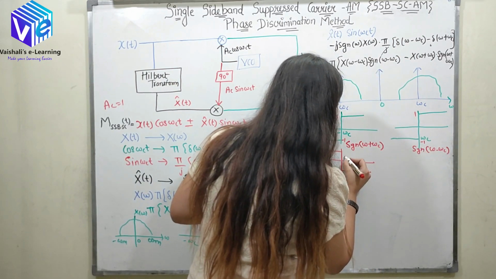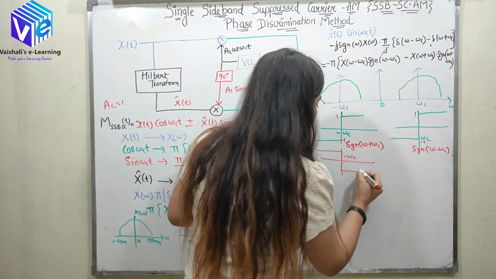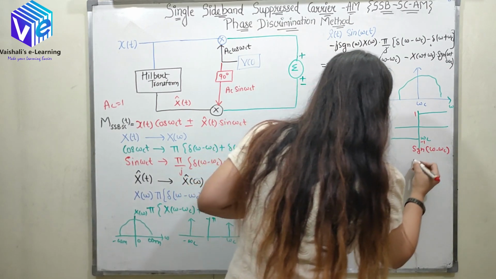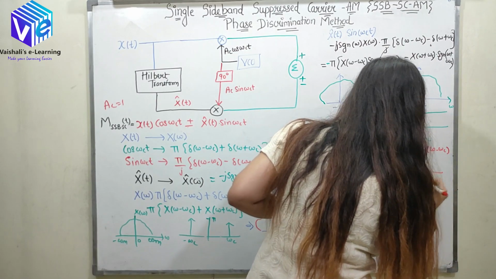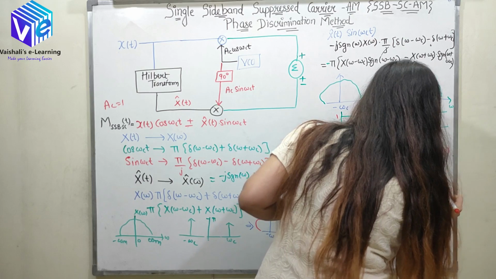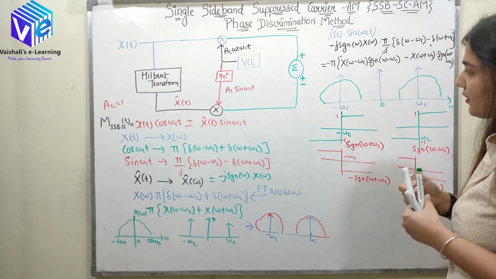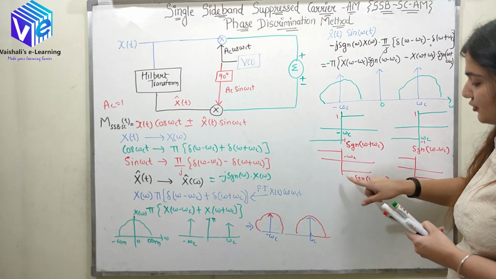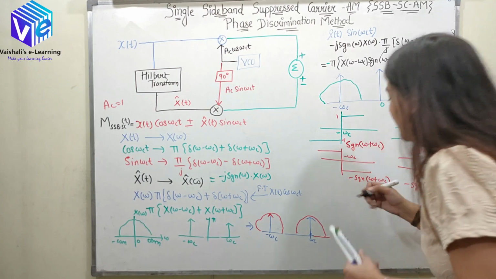So this is at minus omega c, this is minus of signum of omega plus omega c, and this is minus of signum of omega minus omega c. Now what I have to do, I'll multiply X of omega minus omega c with minus of signum. So now let's see what will happen.